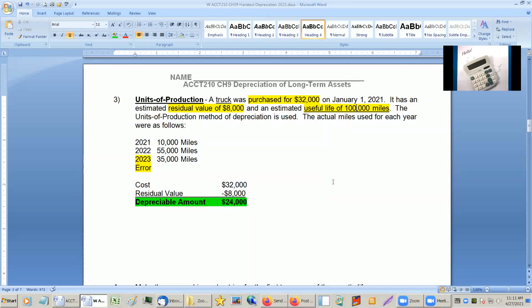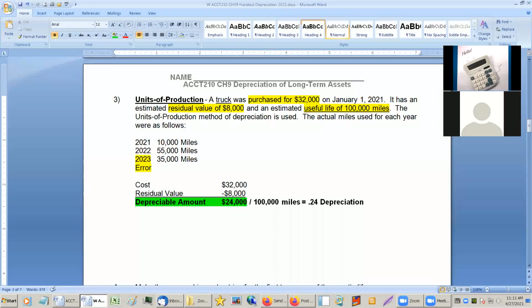Is it 0.24? It is. Yeah, its life is 100,000 miles, so we're going to divide this by that. This will be the depreciation per mile.